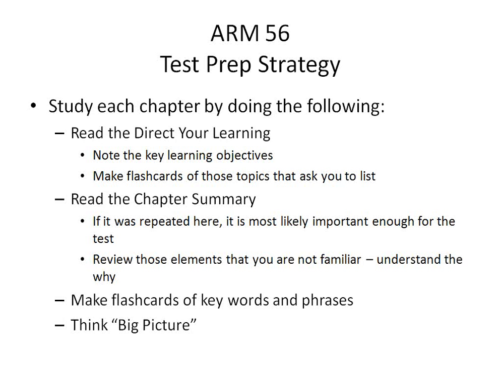As far as your studying, what I typically recommend, this is what I also recommended at the very beginning, is when you start with each chapter, now that you've gone through the whole thing, you're going to go back and read the Direct Your Learning at the very beginning. What are the objectives? So you want to start with that. What are the key learning objectives? And make flashcards of those topics that ask you to list anything.